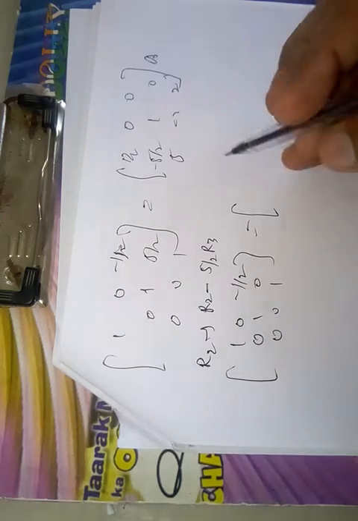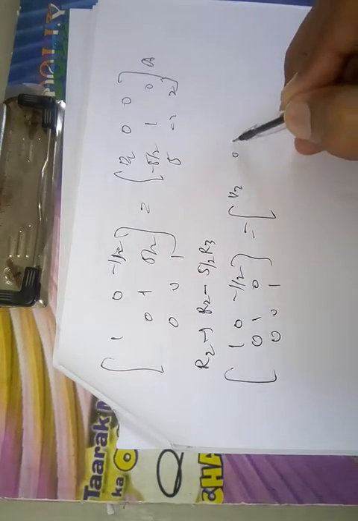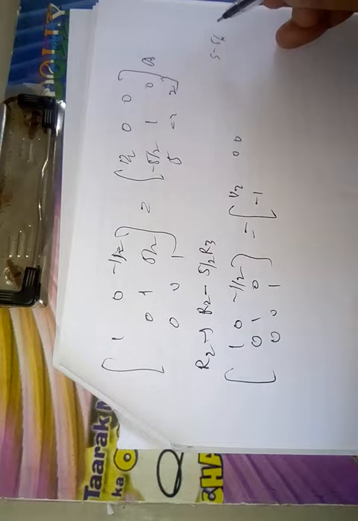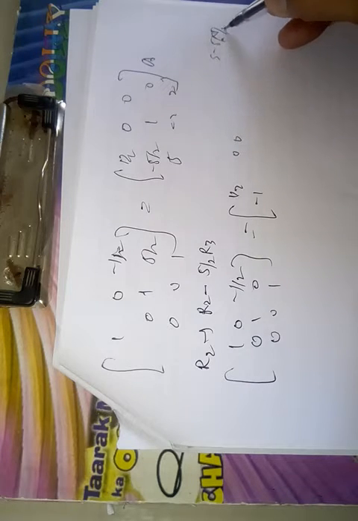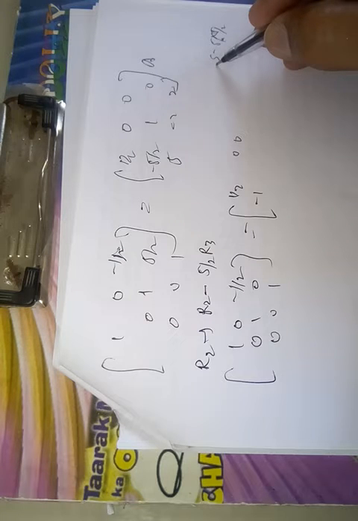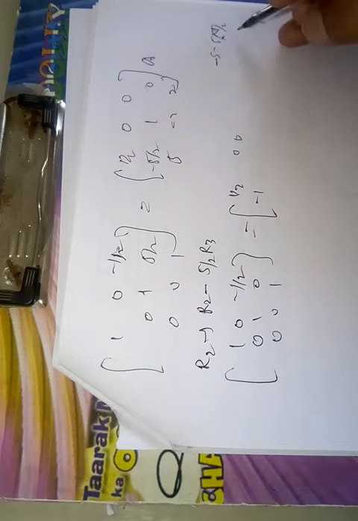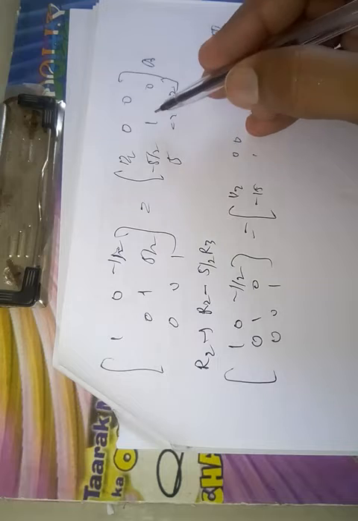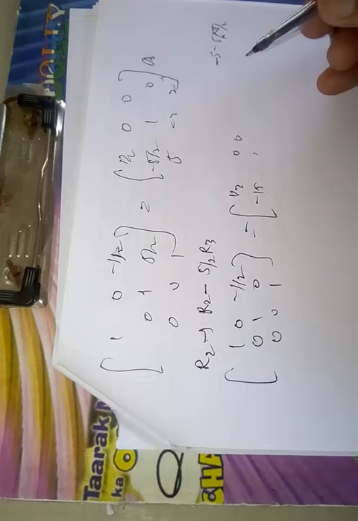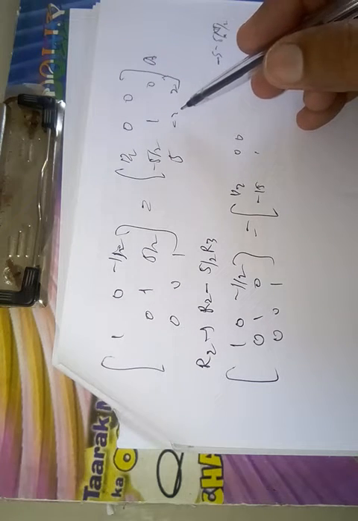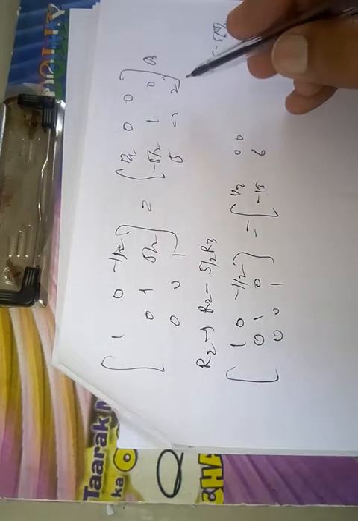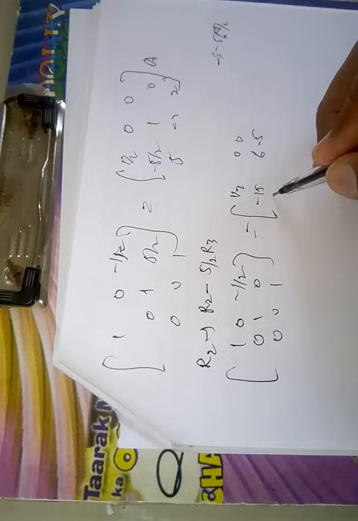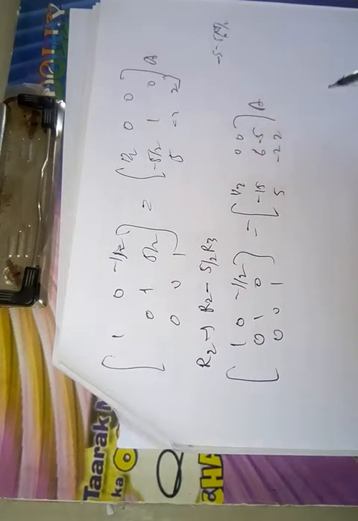On the right side, first row 1 by 2, 0, 0. For the second row, minus 5 by 2 minus 5 into 5 by 2 gives 25 by 2, minus 30 by 2 is minus 15 overall, then 1 minus 5 is minus 5, and 0 minus 5 by 2 times 2 is minus 5, so minus 15, 6, minus 5. The third row is 5, minus 2, 2.